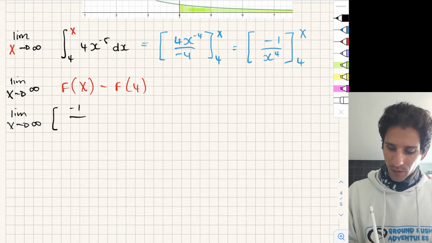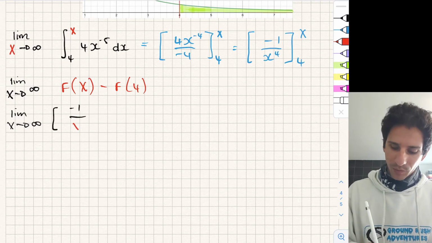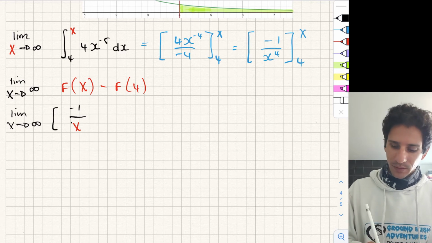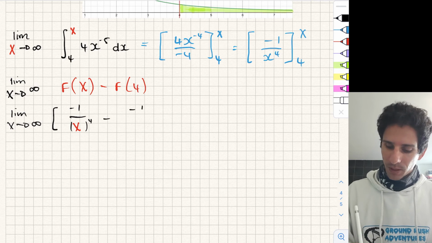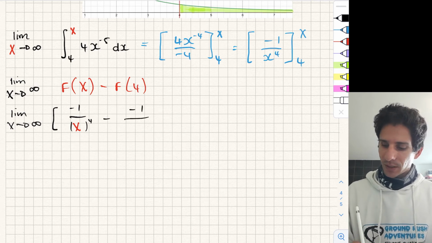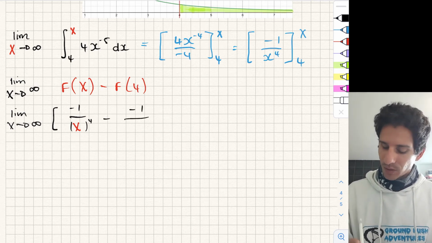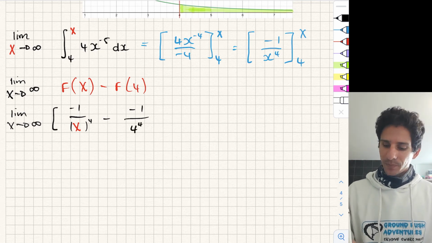So we're going to have minus 1 over x to the power of 4, take away minus 1 over x, in this case, is just going to be 4, so 4 to the power of 4.